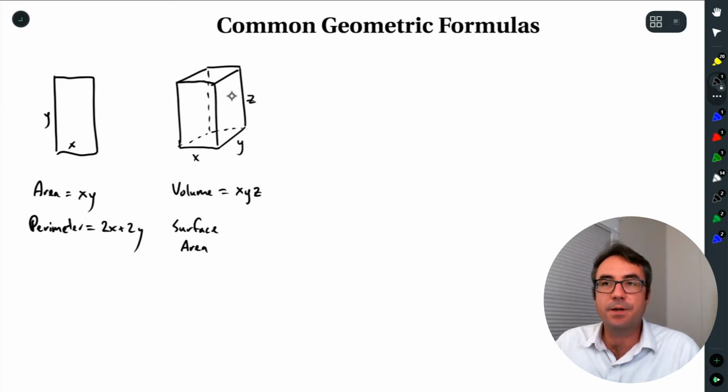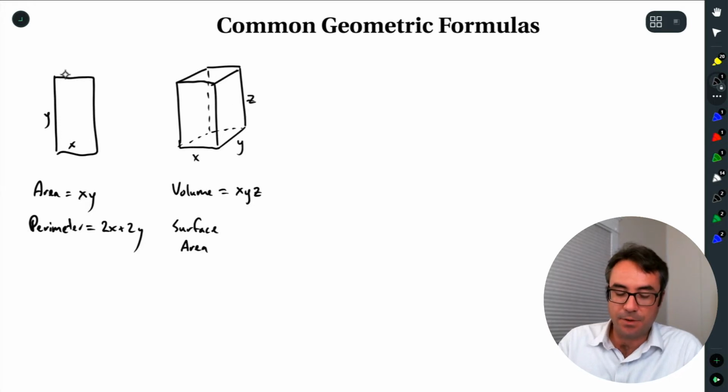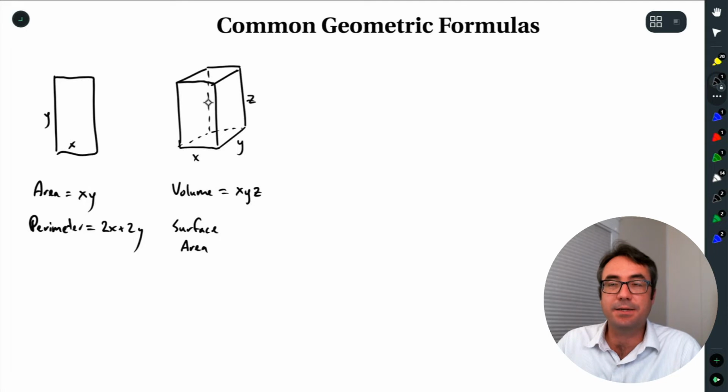For a 3-dimensional object, there's a similar calculation, where you add up the area of all 6 sides. For a box, you're adding up the surface area, the area for each of those sides.